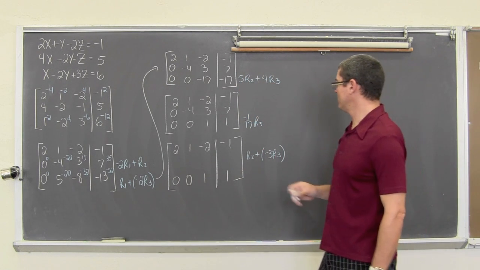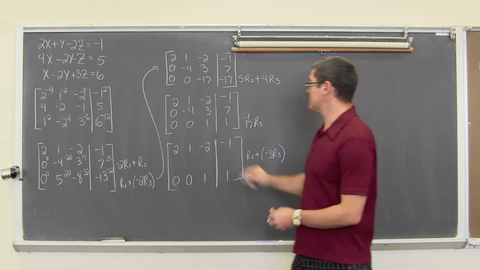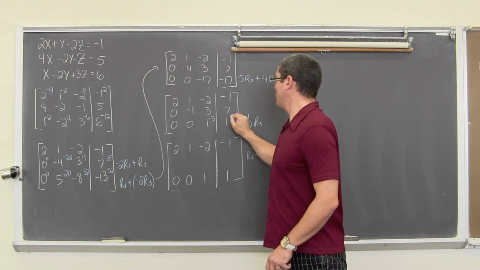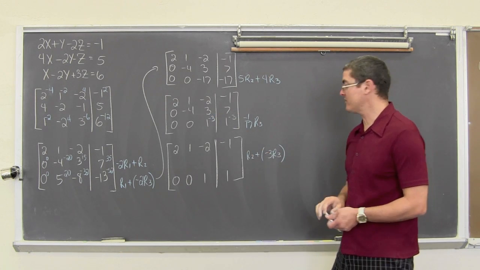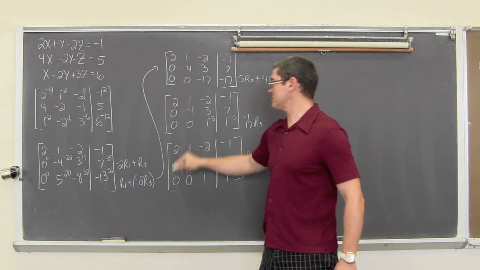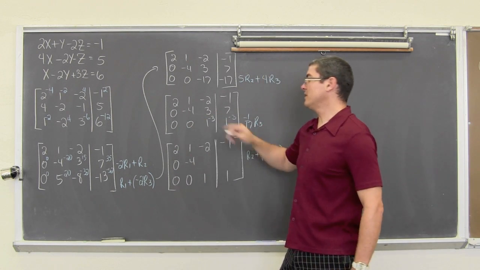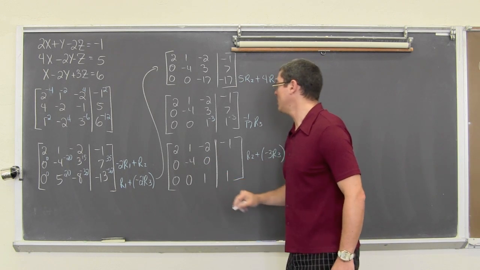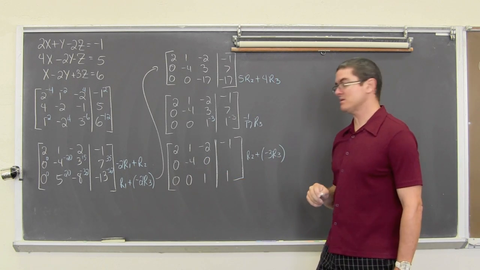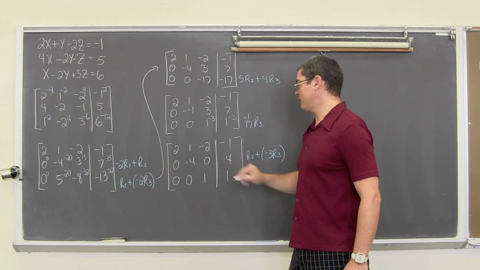So negative 3 times row 3 is 1 times negative 3, 1 times negative 3, and now we're going to add those. So we have 0 and 0 make 0, negative 4 and 0 make negative 4, 3 and negative 3 make 0, and 7 minus 3 is equal to 4.